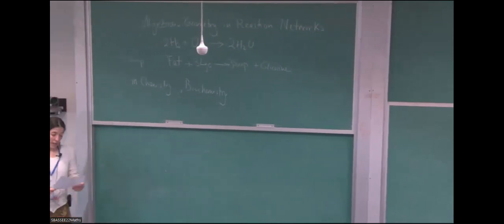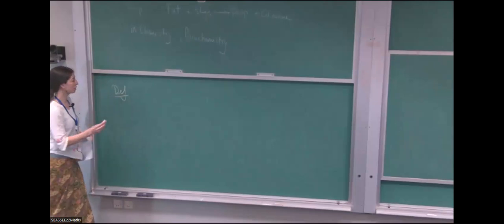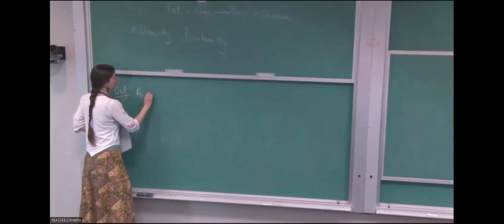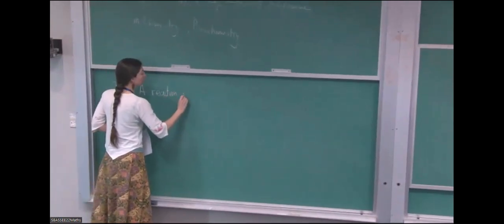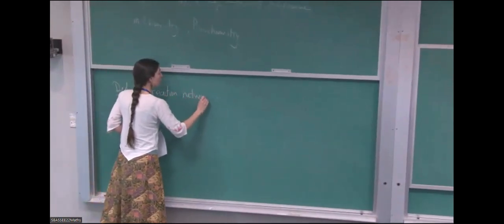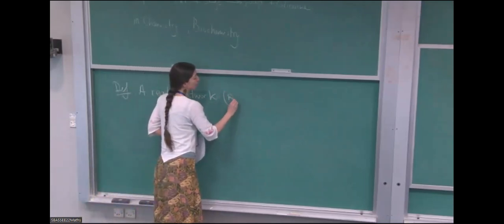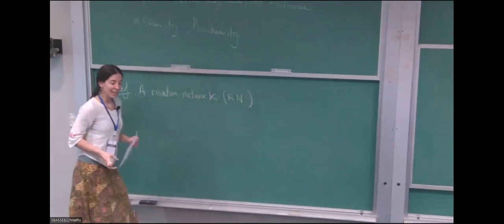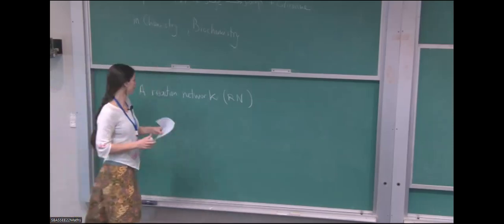So in general, I am going to say that a reaction network, and I would probably write, a reaction network is just a set of interactions that take place between certain species.